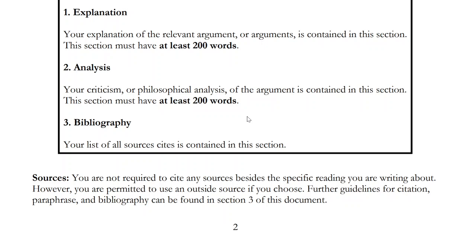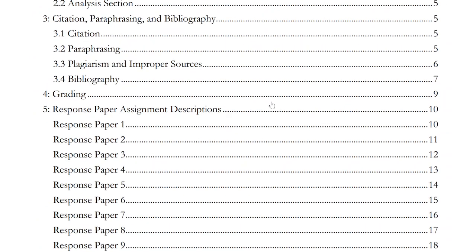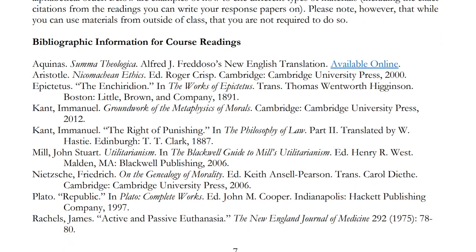So for instance, in the present example, if you do response paper 1, it's on Aristotle's Nicomachean Ethics. So you might say, well, wait a minute, how do I know what the citation information is for that? We don't have an actual physical textbook, all the readings are online. Excellent question. If you go back up to the table of contents and go to bibliography, I actually have the citation information here for all of our course readings.